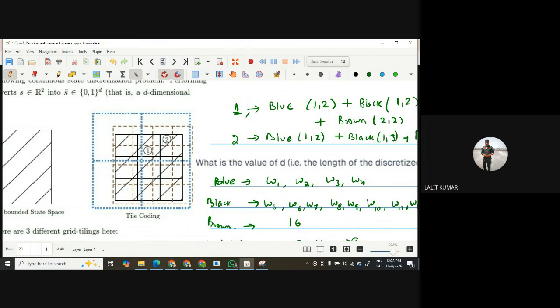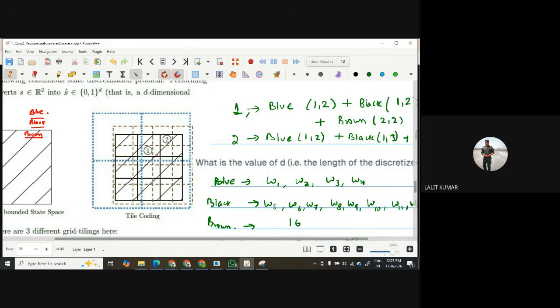Is that okay with all of you? Yes, sir. But in black they are not common. In black also not W2, and in black the third one is common with blue. See what we have to see. We have to check how many are common in blue, black, or brown.